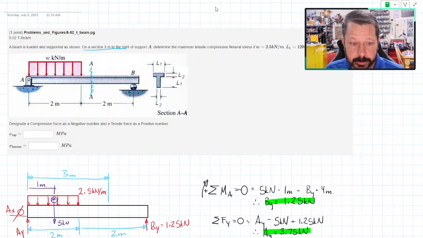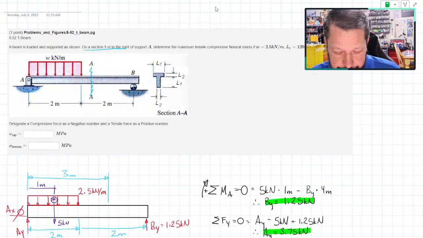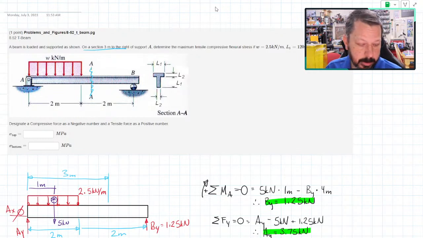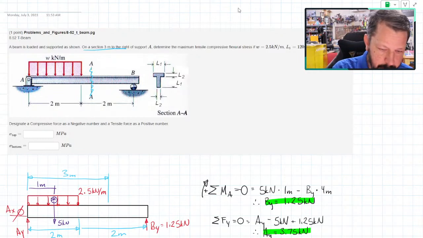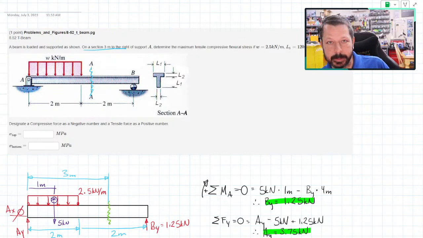So if I were doing the direct method, which this problem is set up to do, right after I did BY equals 1.25 kilonewtons, I would then cut the beam. Let's get my green out for cutting the beam. I'd cut the beam right at the point of interest, so section AA is what they're talking about.